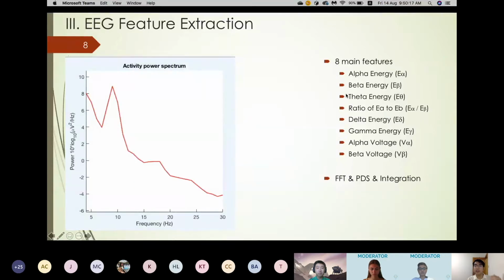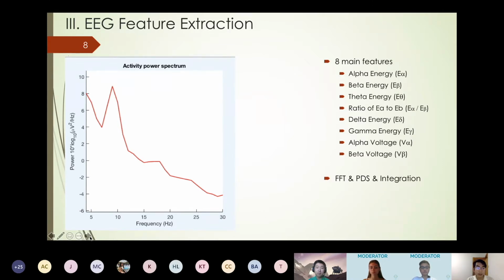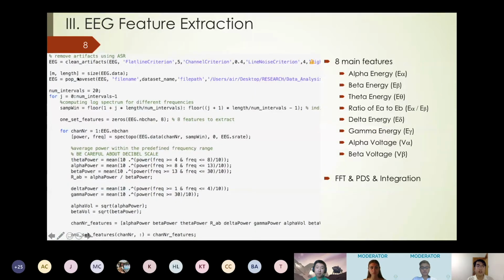There are the 5 corresponding alpha, beta, theta, gamma, and delta energies, as well as the ratio of alpha to beta energy, as well as the alpha voltage and beta voltage. The method I use to extract these is the fast Fourier transform, computing the power density spectrum here. By integrating across the frequency bands, we can get the corresponding band energies. And here is an illustration of the code that I used to extract these features.